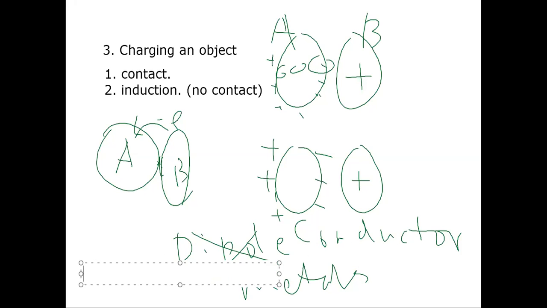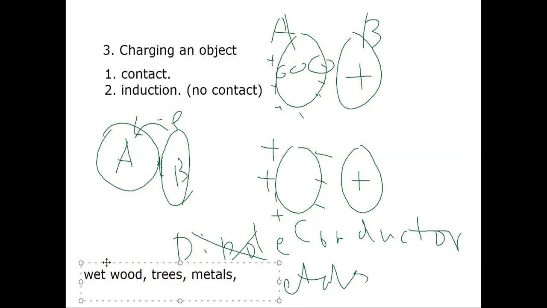And wet wood, trees, which means living trees, of course, and all metals. It doesn't matter what kind you have, all metals and any kind of cable, internet cable, all these are good conductors.